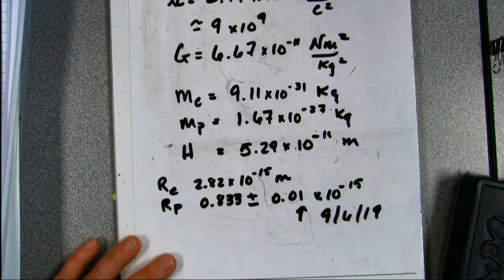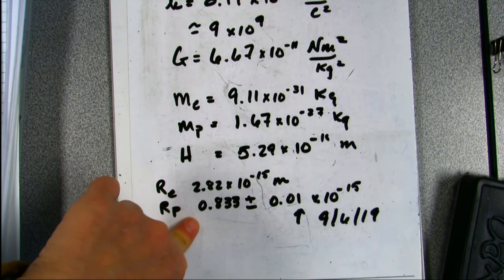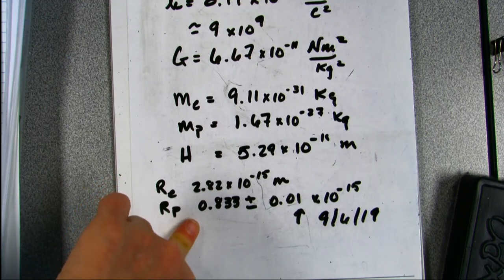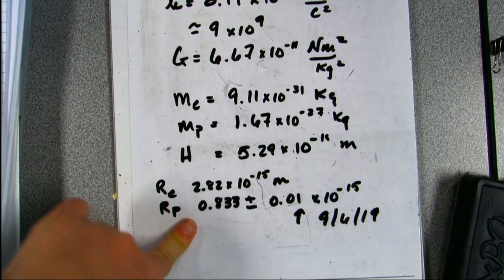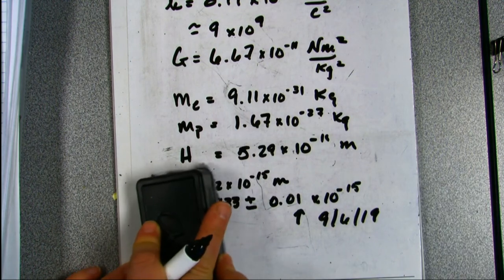Femto, F-E-M-T-O. Femtometers. But that's the current best estimate of the radius of a proton. Just so you have that data.